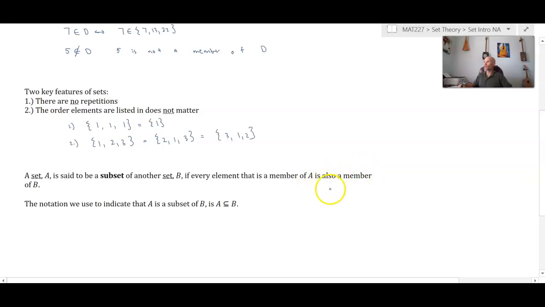Now you may also see this, a situation where there is no underline. We're not going to worry about the distinction for now.